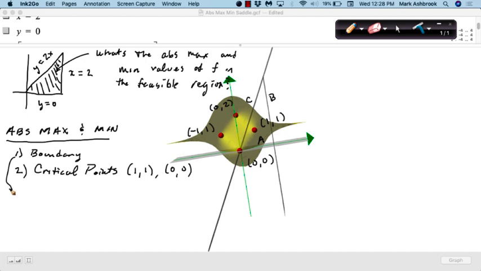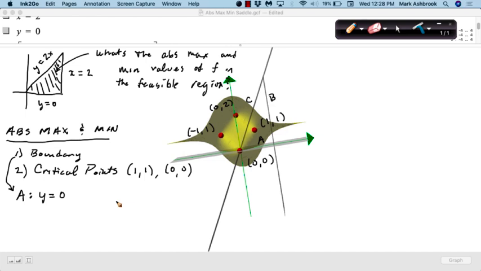So we do the boundary. I'll start with A. y equals 0, right? How am I going to check for absolute max or min at y equals 0? That in itself is an infinite number of points, right? Edge A is still an infinite number of points. How can I find out?